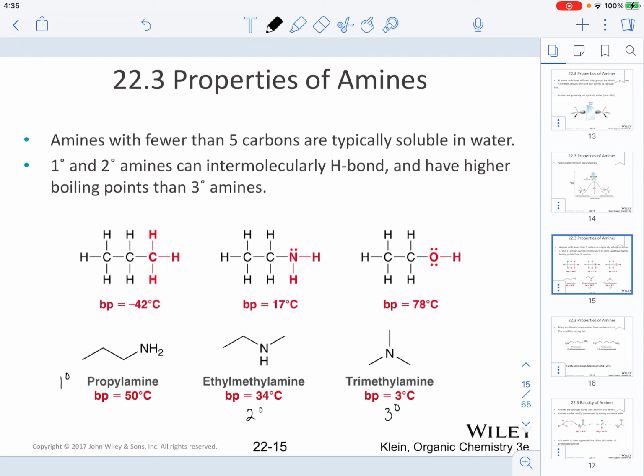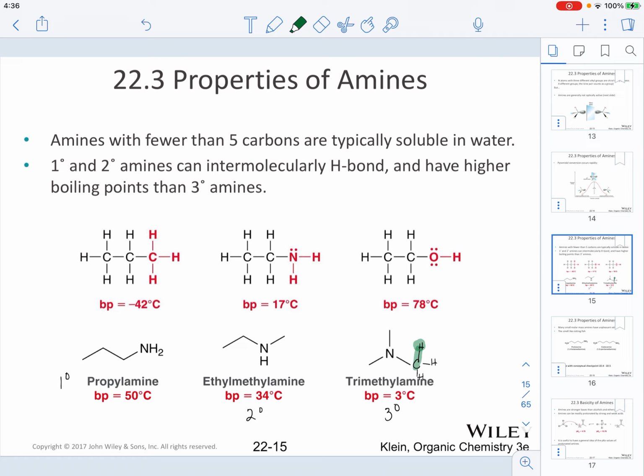What happens at the level of the tertiary amine is that the hydrogen atom is not bonded to the nitrogen, it is actually bonded to the carbon atom. And I'm just going to draw out one of those CH3s. Because the hydrogen is bonded to a carbon, a tertiary amine cannot have hydrogen bonding events with itself.